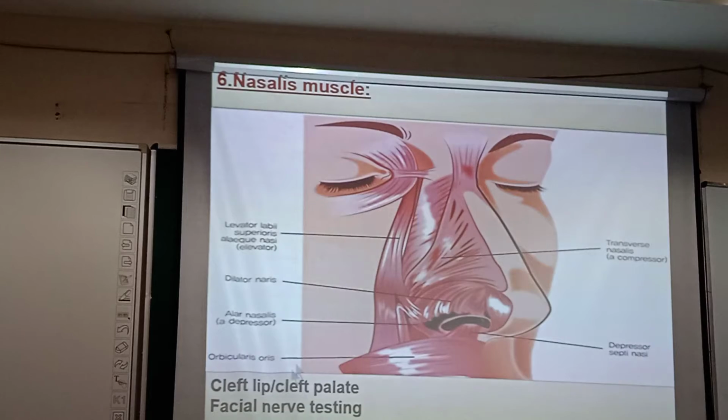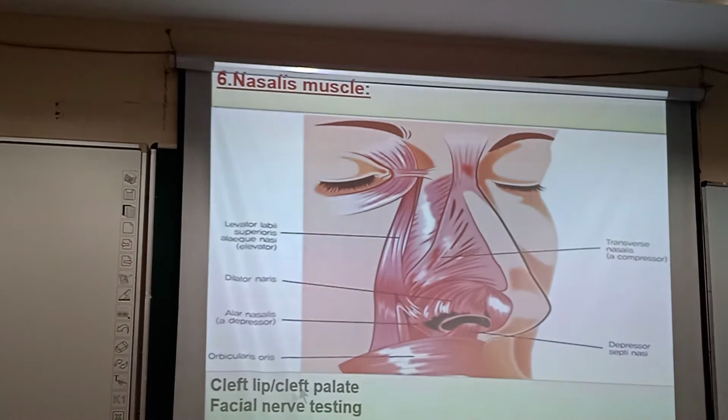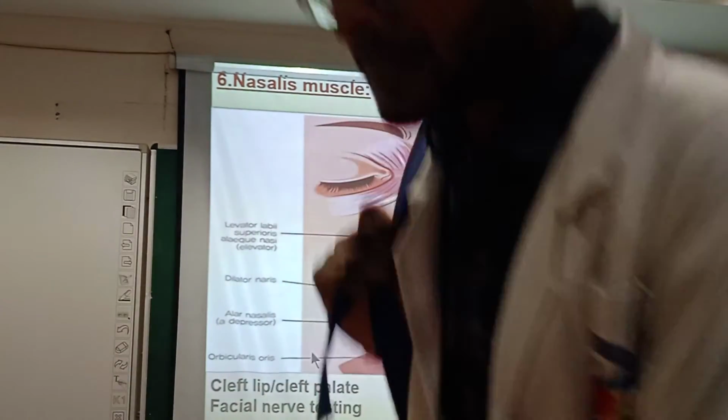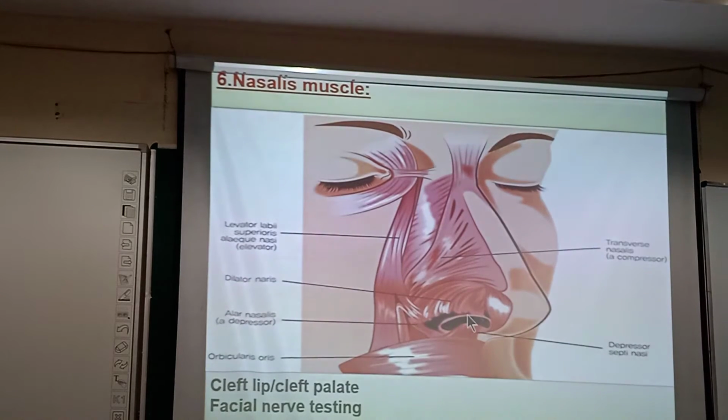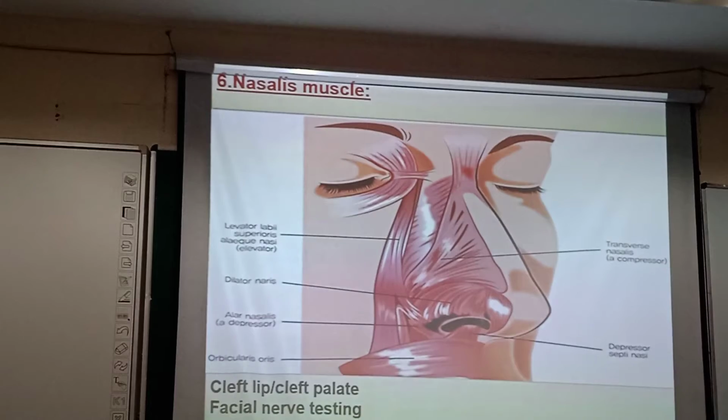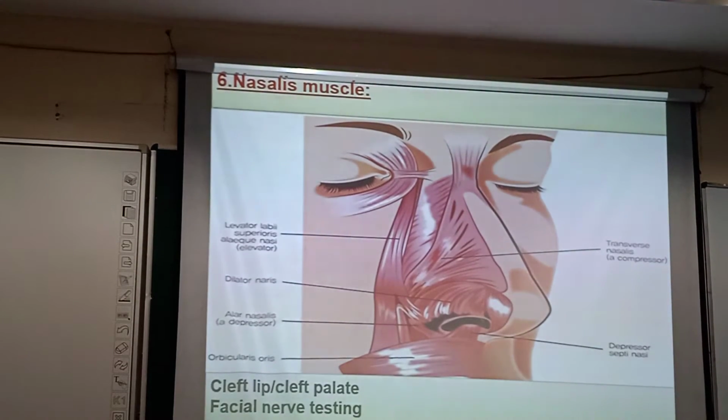Congenital anomaly, this muscle will not develop and gets affected in cleft lip, cleft palate. And as this is the most superficial muscle out of these, it is used for facial nerve testing. And its action we have read, and it is widely used by swimmers. Inside the water, swimmers narrow their nasal aperture.